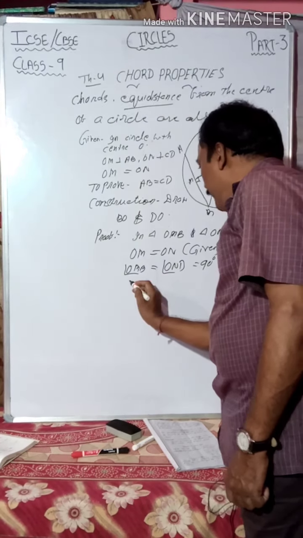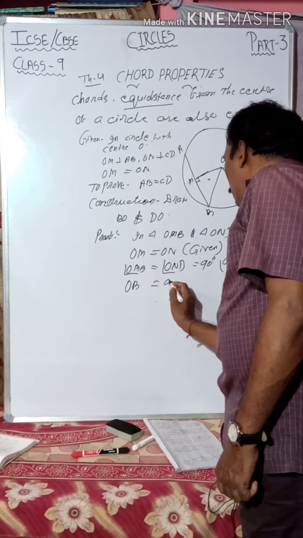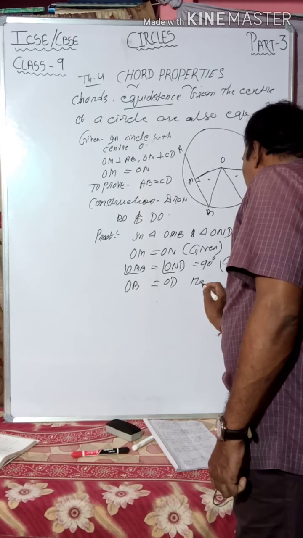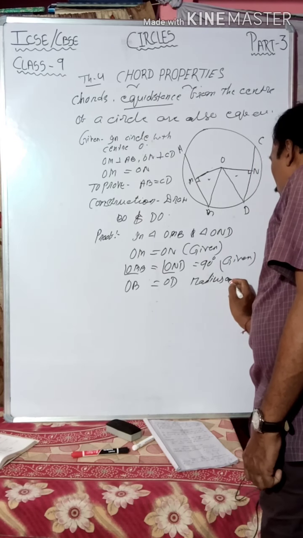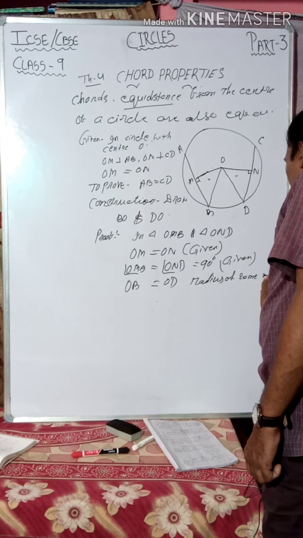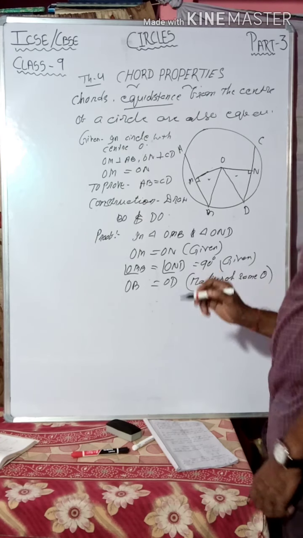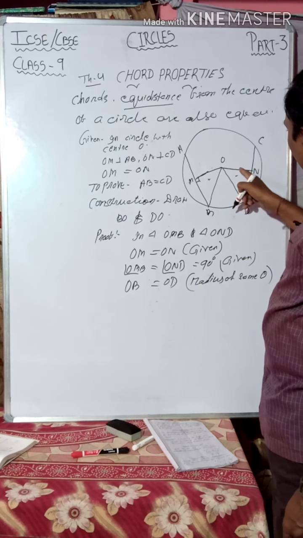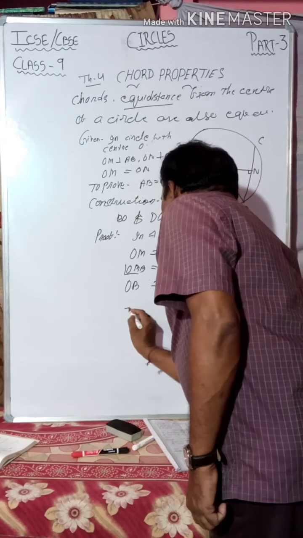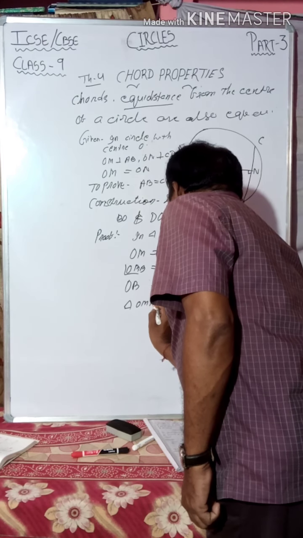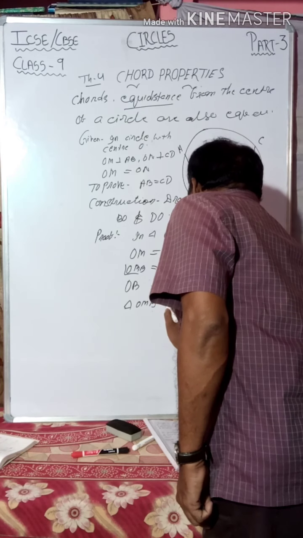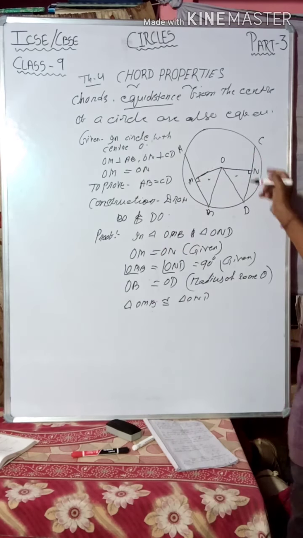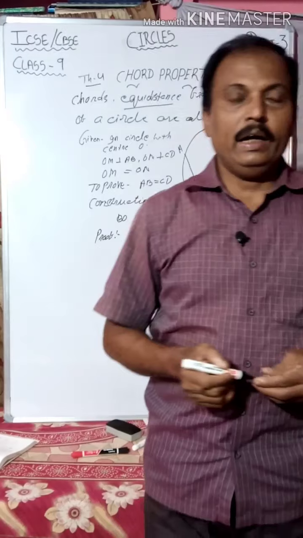Third, OB is equal to OD, radius of the same circle. So by right angle hypotenuse side, triangle OMB is congruent to triangle OND. So two triangles are congruent to each other.